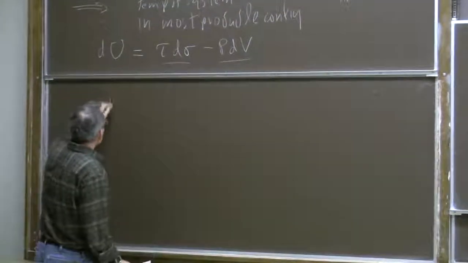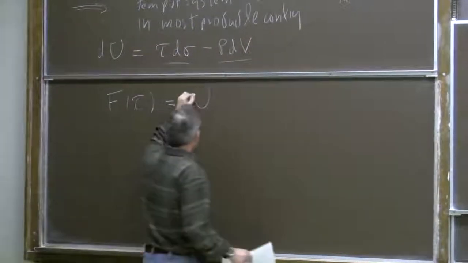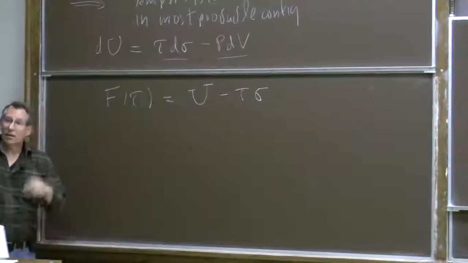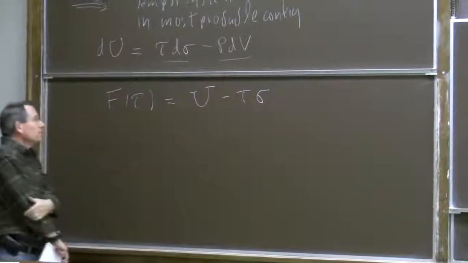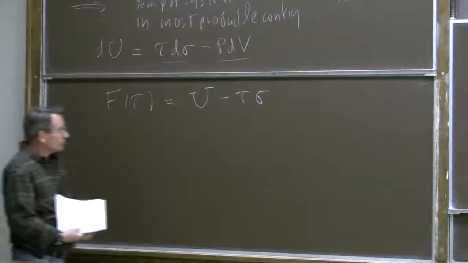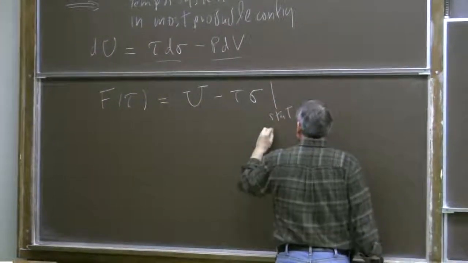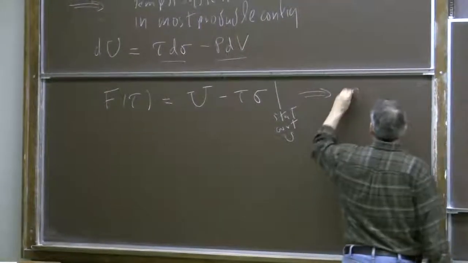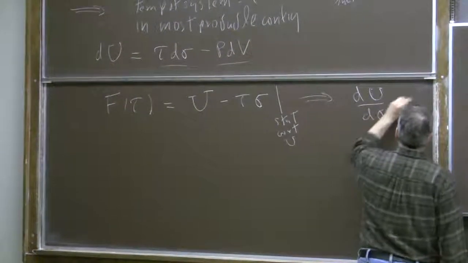We can think of the free energy as a function of temperature, as the value of U minus tau sigma when the energy of the system is chosen to attain the most probable configuration, that is, when the system is in temperature equilibrium with the reservoir, or equivalently, where this is stationary with respect to U. U here is the energy of the system. So in other words, when dU d sigma is equal to tau.